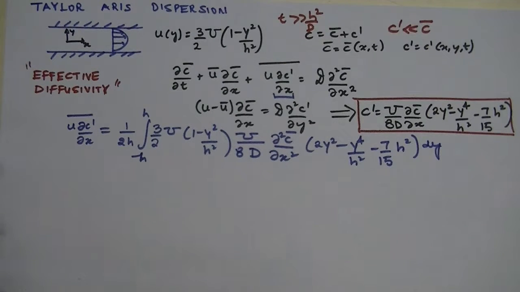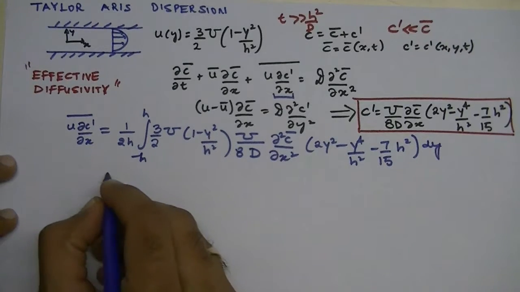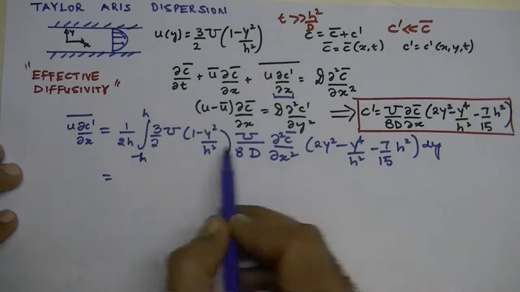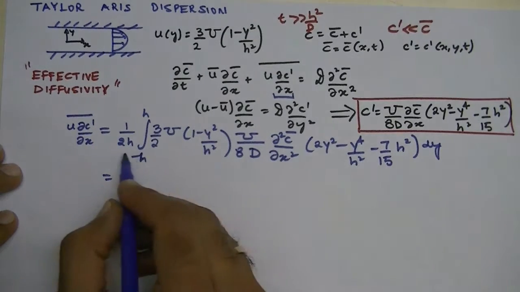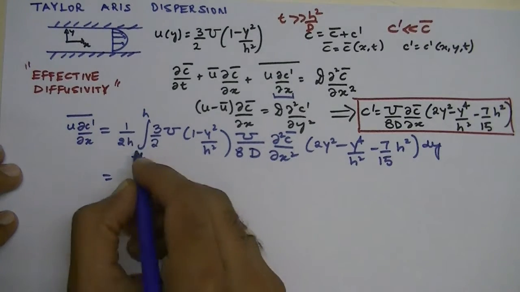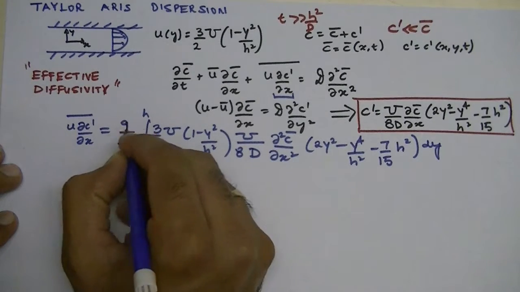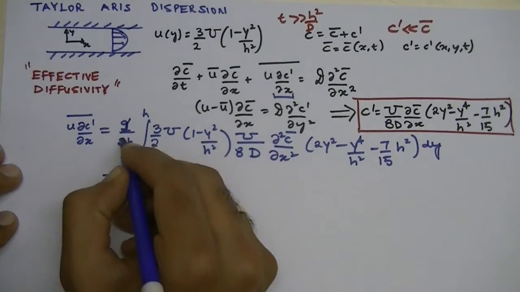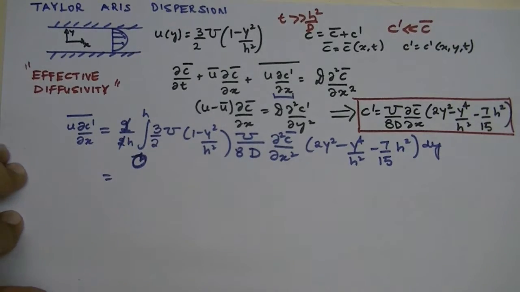If we do so, this is what we're going to get. So the first simplification is that we have an even function over here, so rather than integrating from minus h to h, we can just take 2 times the integral from 0 to h, and these two cancel out.